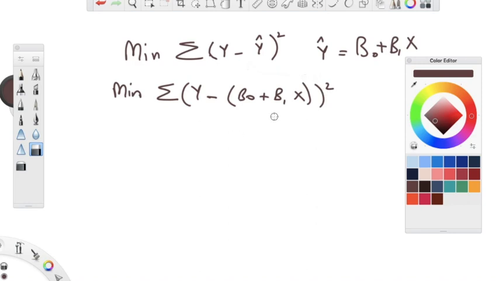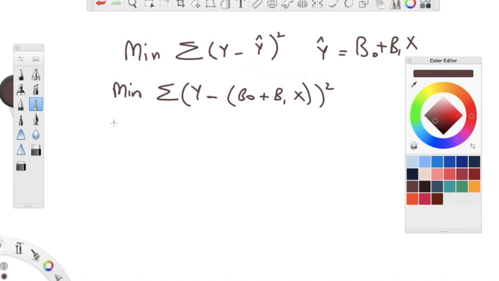So now that we've got this term, in order to find out the values of the betas, what we're supposed to do is we start off by taking the derivatives with respect to beta naught and beta 1 of this particular term. And then you put it equal to 0.